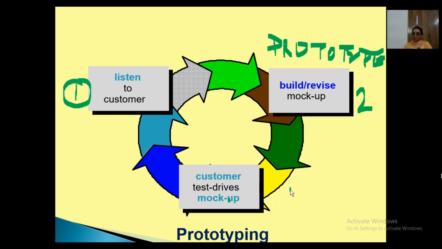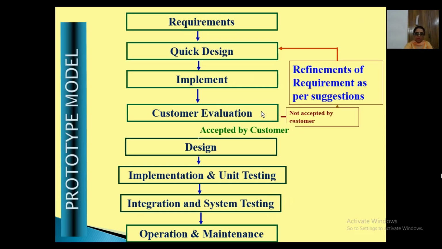Here the customer plays an important role in checking all the requirements, and if the customer is satisfied, it's fine. Otherwise, new revised requirements are given by the customer. Again the prototype is built, again it is given to the customer, and this cycle goes on until the customer is fully satisfied.